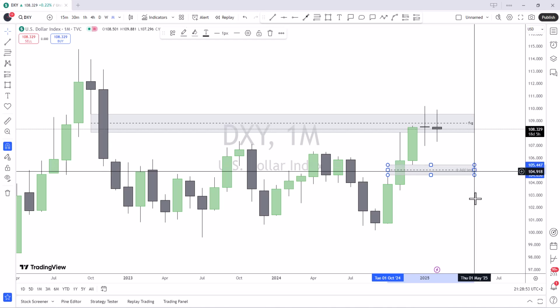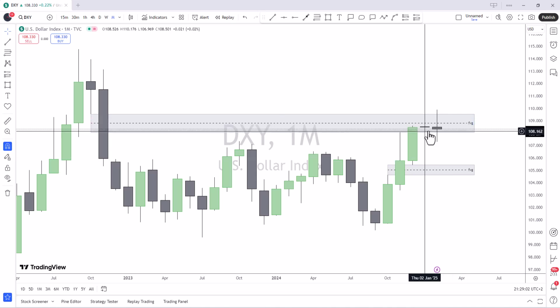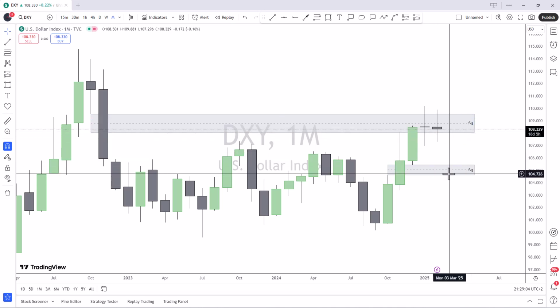We now have a possibility of price returning to these imbalances here. This becomes the draw on liquidity, looking for a move to the downside during the first quarter. We're already in the mid of the first quarter, so we're talking of the rest of the first quarter and the second quarter. I'm anticipating a weaker dollar.